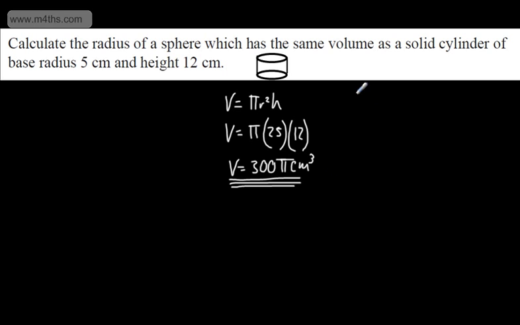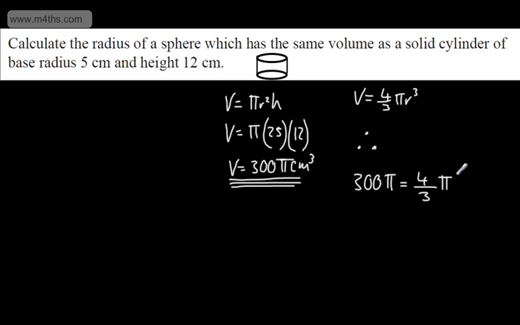If we think about the sphere, the volume is now 4/3 pi r cubed. So all I'm going to do is set these equal. So, therefore, 300 pi will be equal to 4/3 pi r cubed, as all we're looking for is a radius. We need to solve for the radius.